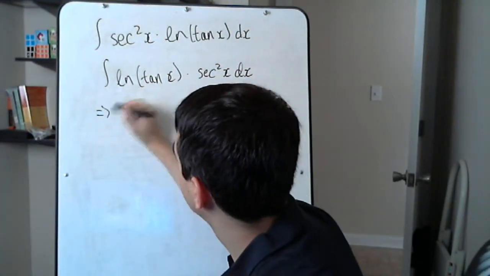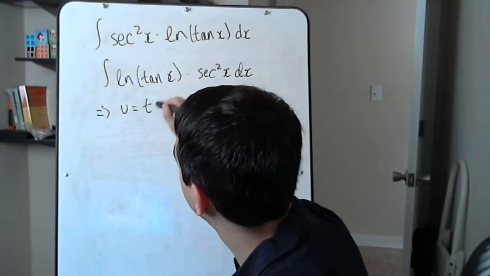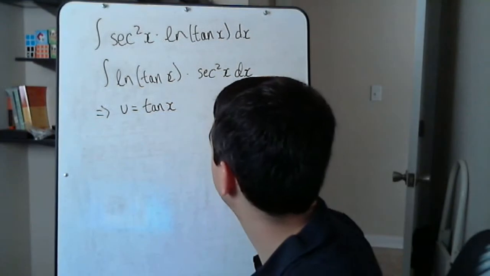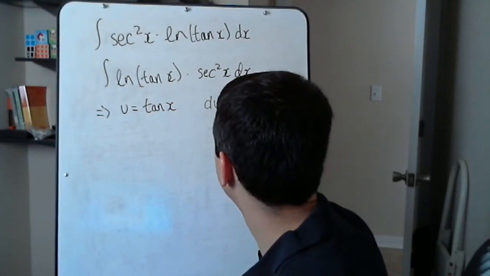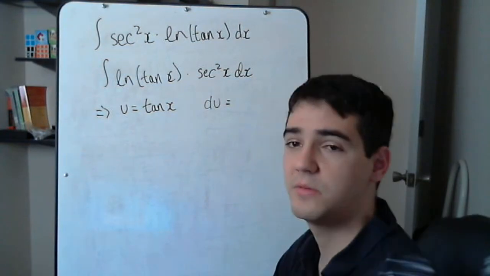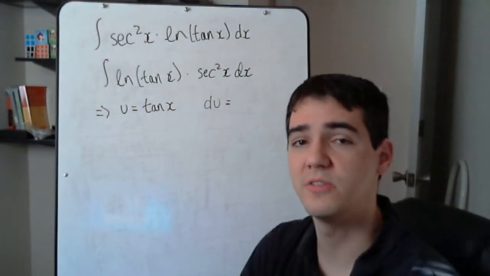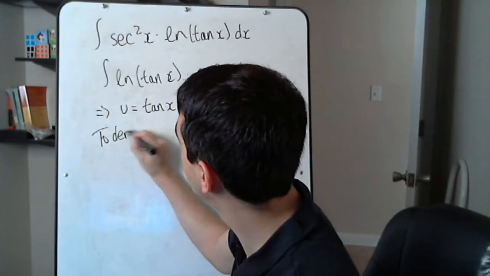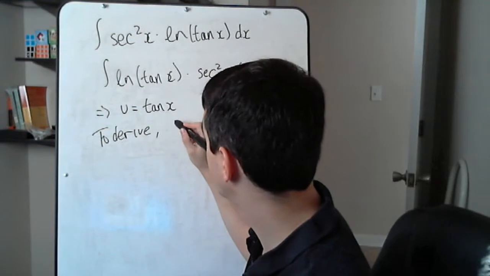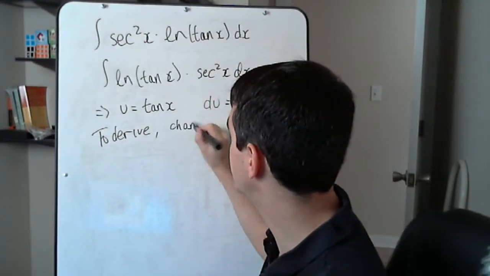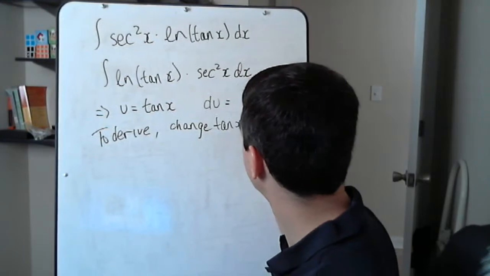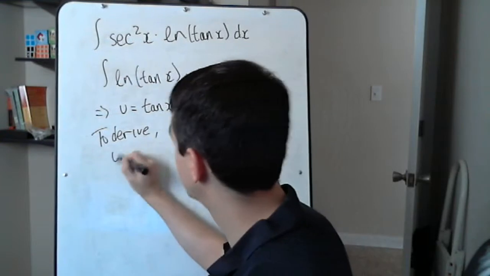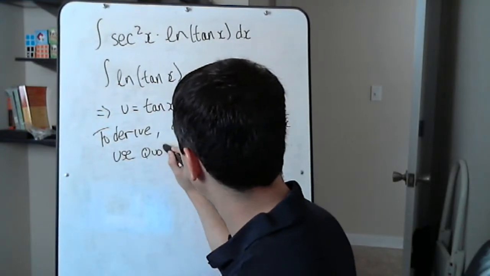So let's make u equal tangent of x. Now, I'm going to assume you guys know the derivative of tangent x. I don't think I need to derive that. If you need to derive it, you can just change tangent to sine x over cosine x and use the quotient rule.